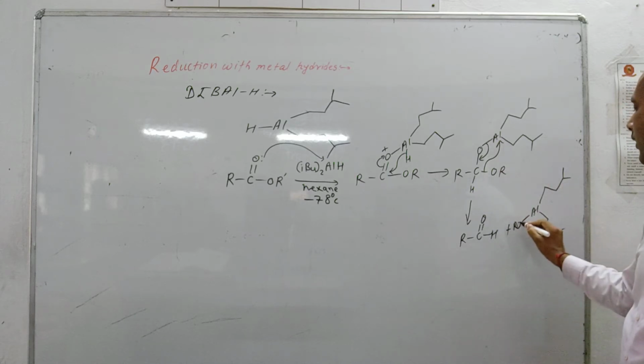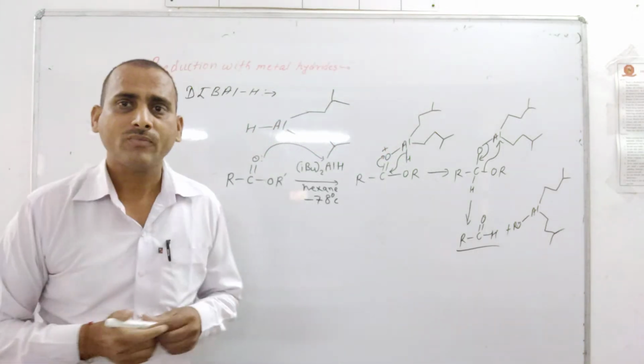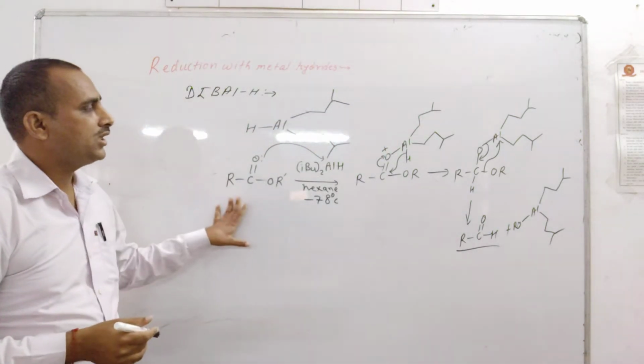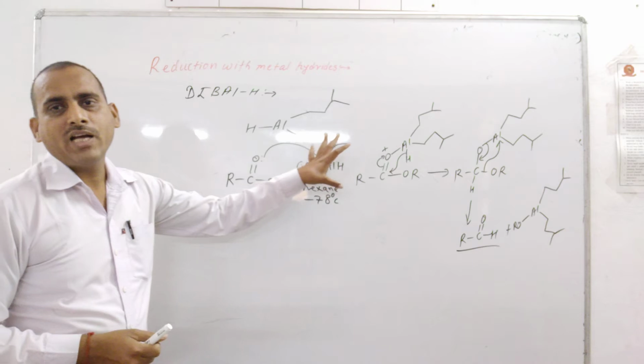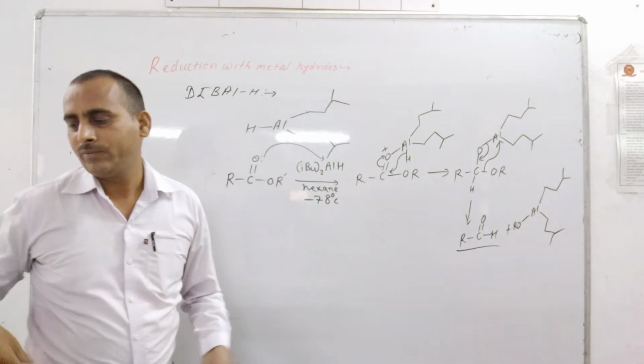So this aldehyde formation takes place from the ester. So ester treatment with diisobutyl aluminum hydride gives the aldehyde.